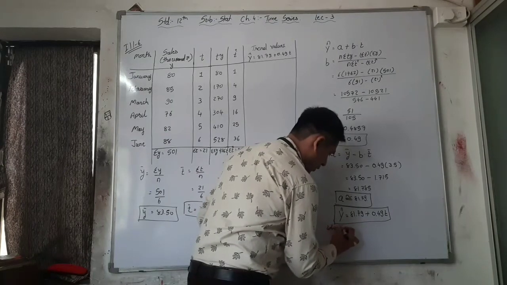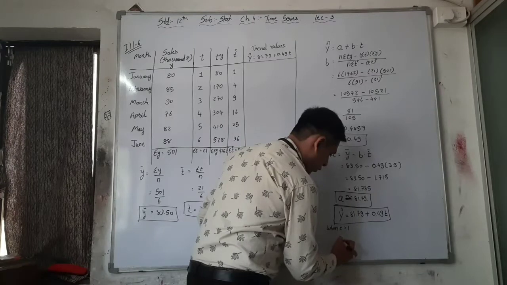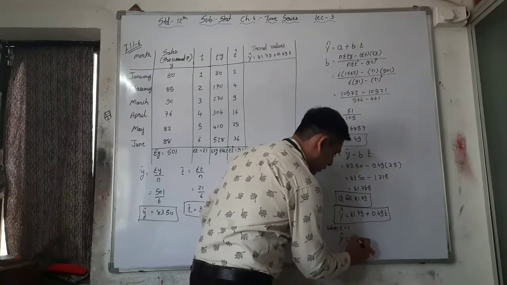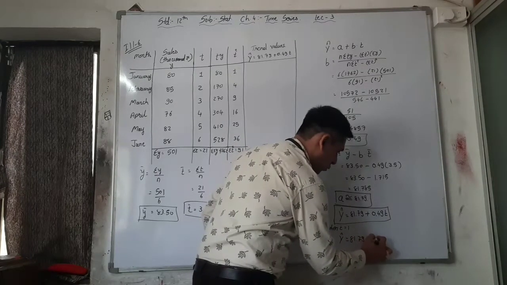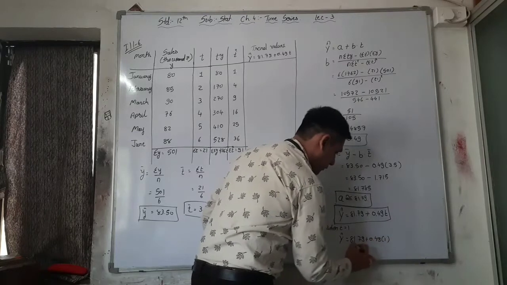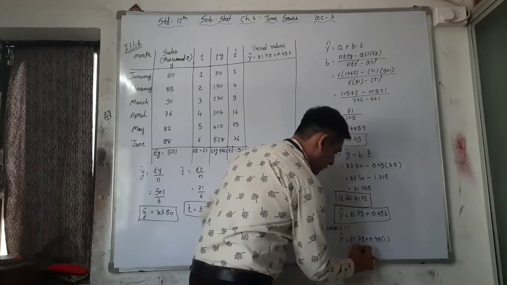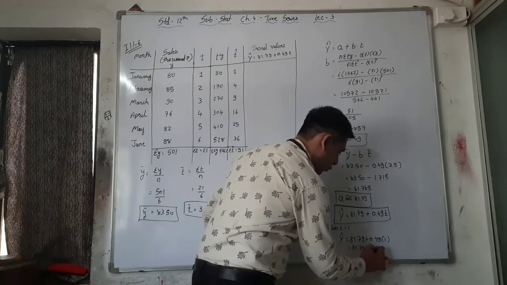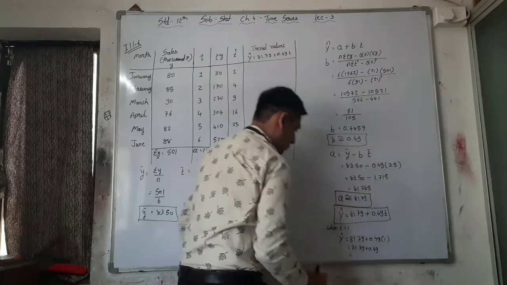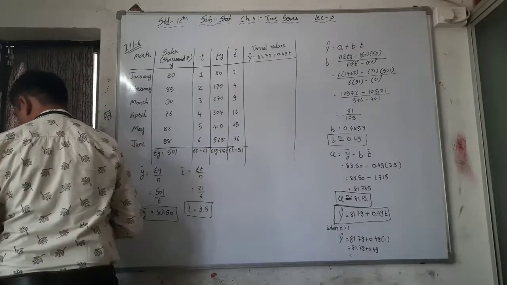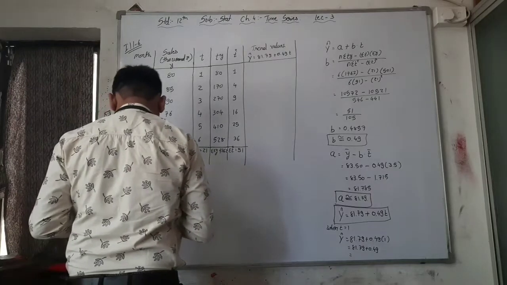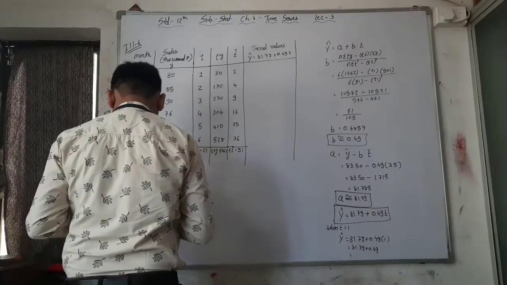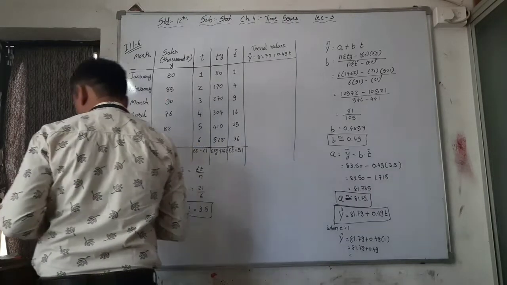When T is equal to 1, Y cap is equal to 81.79 plus 0.49 into 1, that is 81.79 plus 0.49, which totals 82.28.